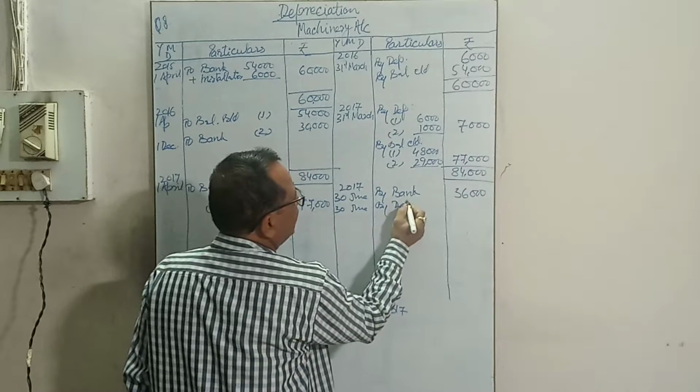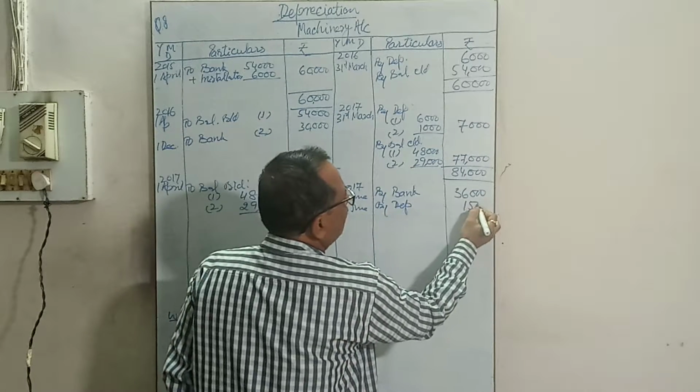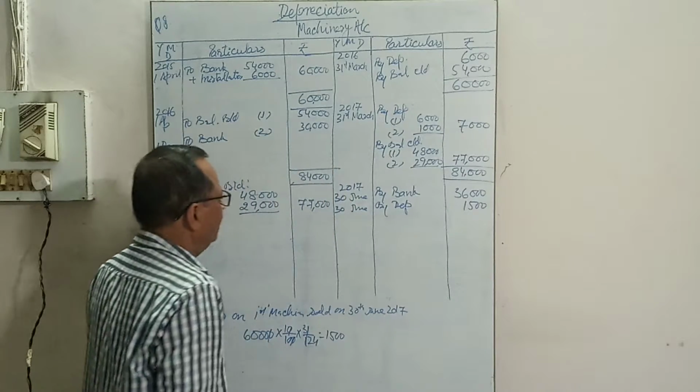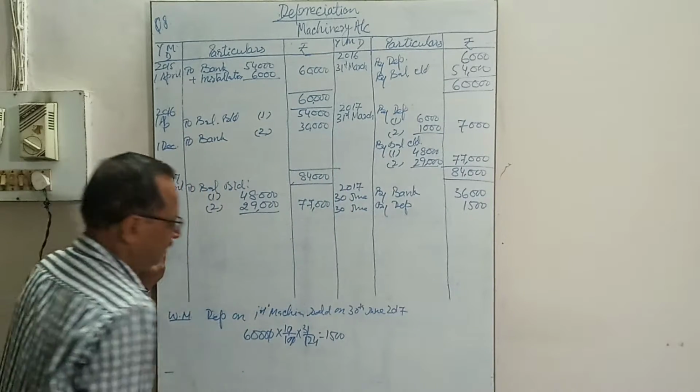by depreciation 1,500. Now see the profit or loss on it.